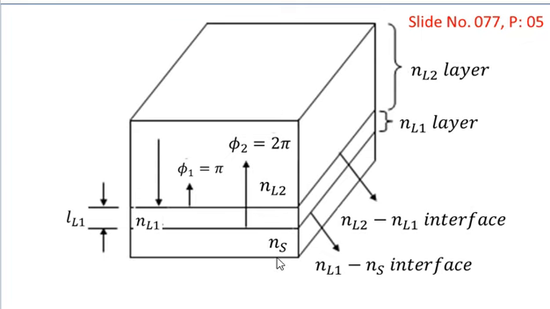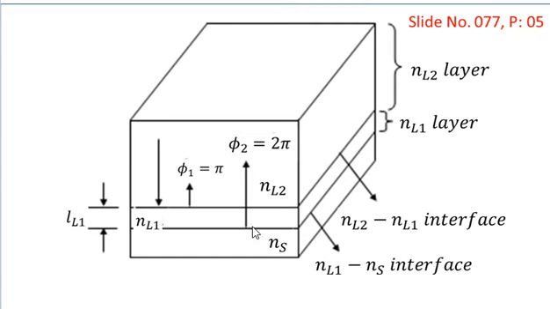But you see that here NS is greater than NL1 and NL1 is greater than NL2. This differs from our previous case in that NS was smaller than the middle layer, which we called the NH layer. But here we call it the NL layer because its refractive index is less than the refractive index of the substrate material. So this is the difference.